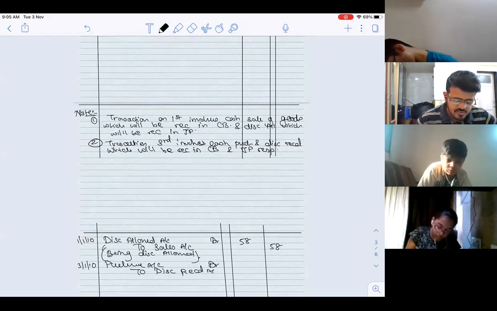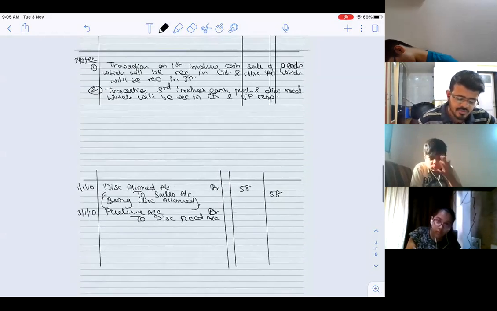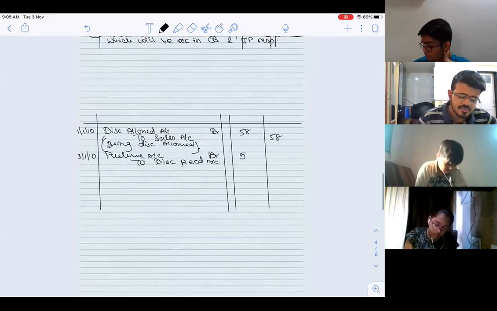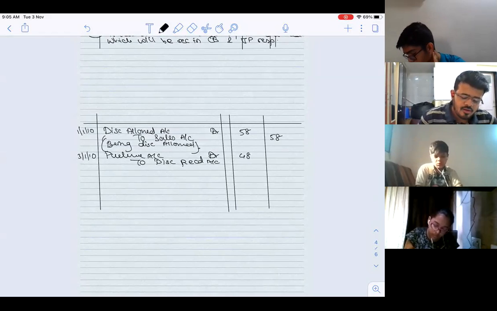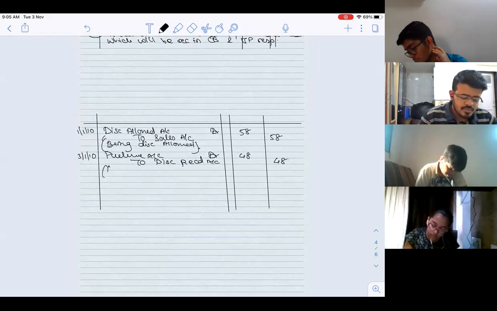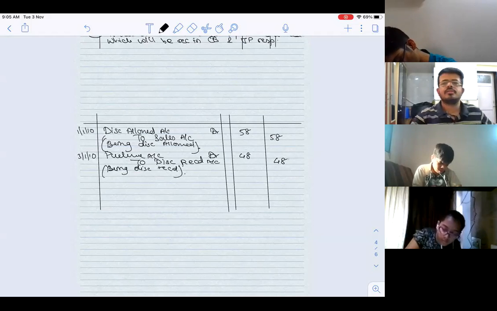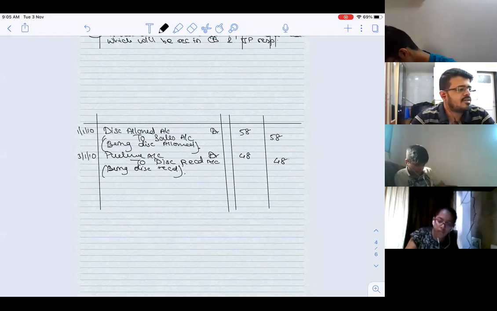Discount was, I think, 58 rupees. Same. 48 rupees. Discount is 48 rupees. Being discount received. Is that clear? 2 entries, partly on cash, partly on credit. Next one.